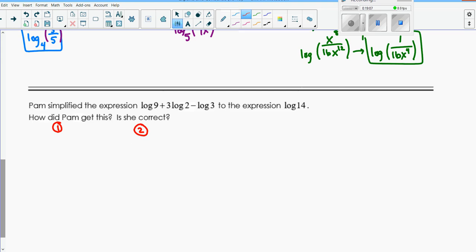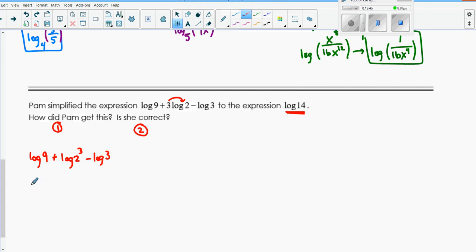So the first thing I'm going to do is notice that Pam started with 3 logs and her answer just had 1 log, so she must have been doing some type of condensing, okay, which is what I would do too in this problem. So if I condense, I'm going to do some rewriting first. We have log of 9 plus, I'm going to bring the 3 up top here, so it's plus log of 2 to the 3rd minus log of 3.